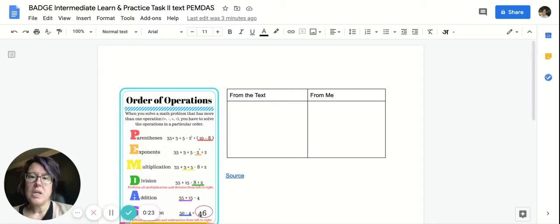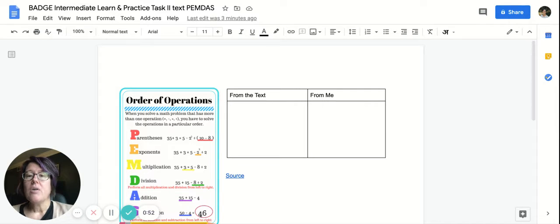So, it could be like what I have on my screen, which is a chart, it could be a map, it could be a video or a radio program. So there's lots of different forms of text where we can get information and that we can take notes from. So that's important to remember, that it's not just an article or a book.